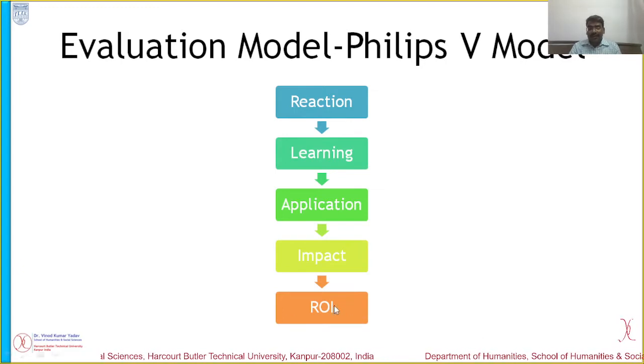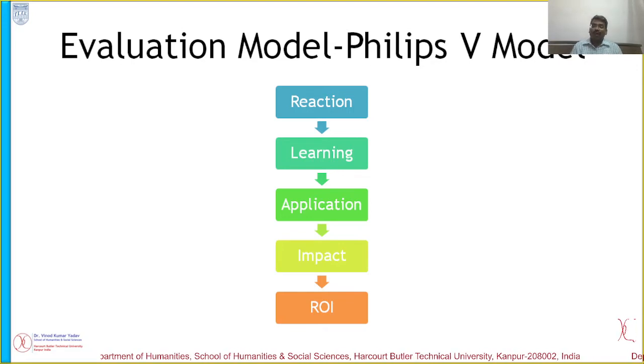So the return on investment you have made in that training must be looked at as a professional activity and taken as a measure of evaluation of the model. So this ROI is a new addition by Phillips, and that is why it is also known as the advanced version of the Kirkpatrick model, or the Phillips V model.